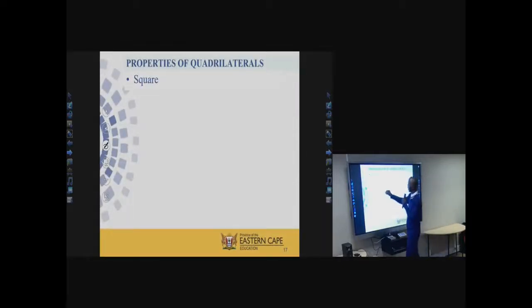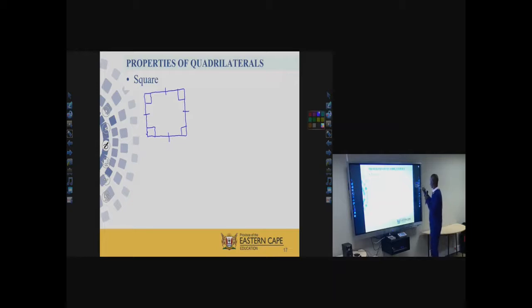Now, a square is a special type of rectangle, because now it has got all sides equal. This side is equal to that side, is equal to that side, is equal to that side. It still has the properties of a rectangle, if you look at it closely. All those angles are 90 degrees, as you can see.